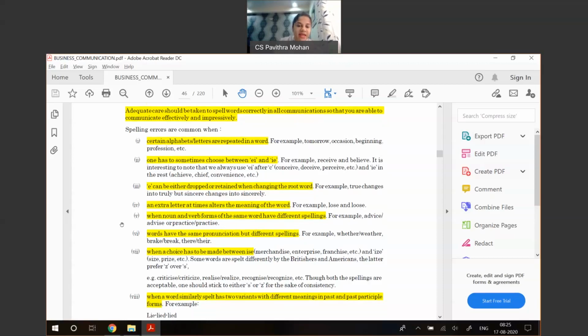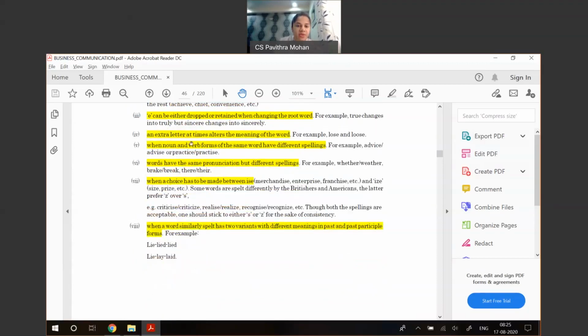Then an extra letter at times alters the meaning of the word, like lose. When a noun and verb form of the same word have different spellings, like advice and practice, kindly know that CE means noun and SE means verb. So kindly don't change C and S.